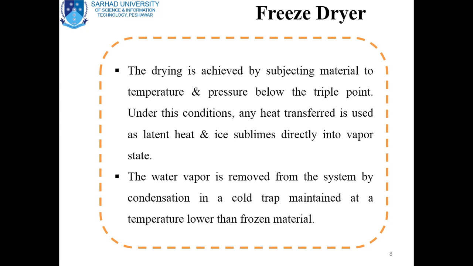If we keep the temperature and pressure below the triple point mentioned in the solid-liquid-vapor phase diagram, the water vapor is removed from the system by condensation, and a cold trap is maintained at a temperature lower than the frozen material.